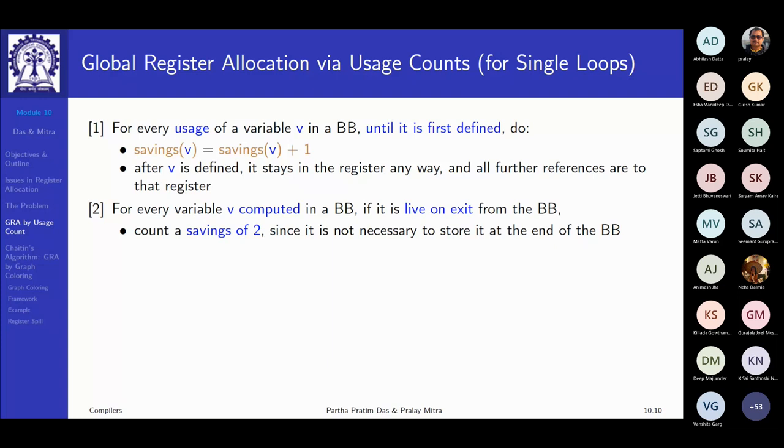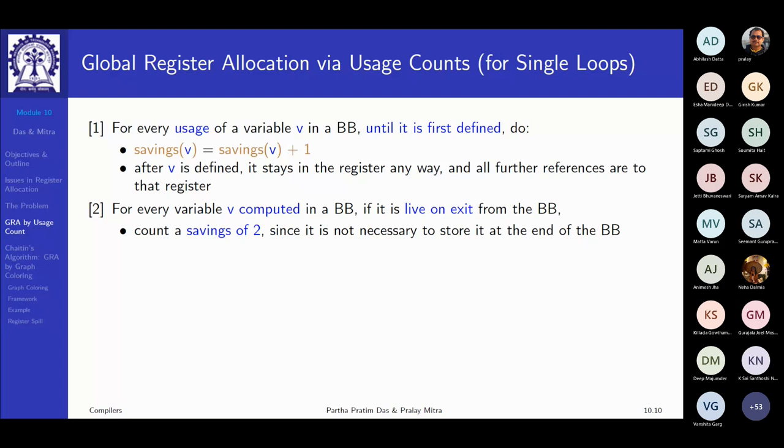The second, for every variable v which is computed in a basic block, and if it is live on exit, that is, you have computed a variable in the basic block, and when you are going out of the basic block, it is still live. So you will count a savings of 2 on that variable, because if that variable resides in the register, then on exit, you will not have to store that variable.